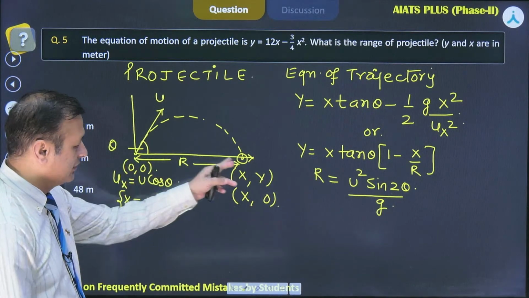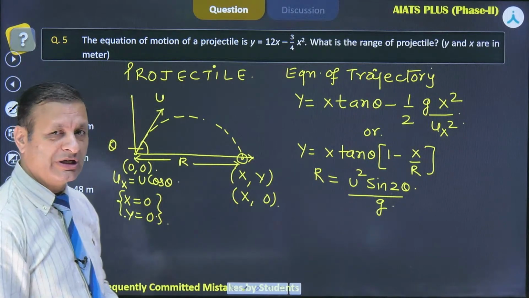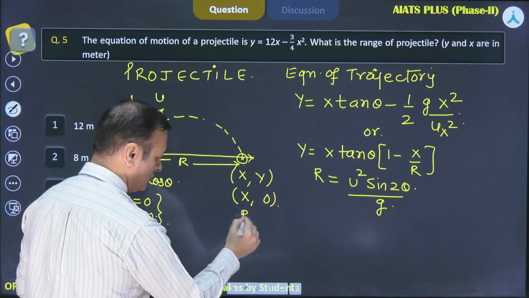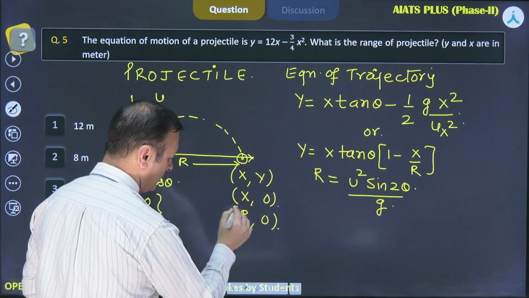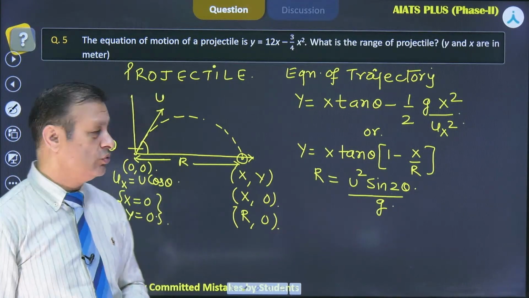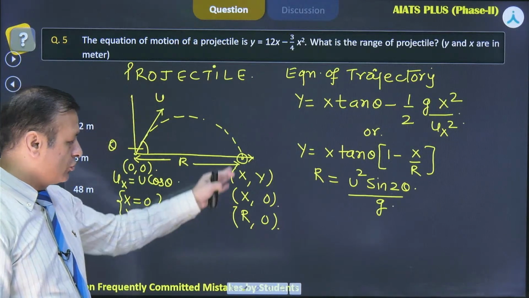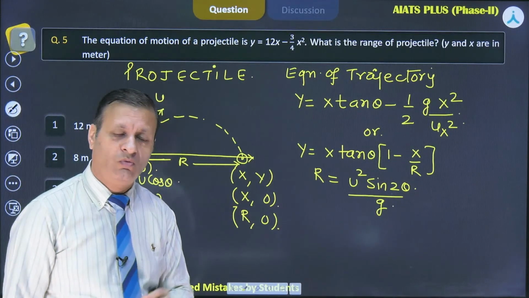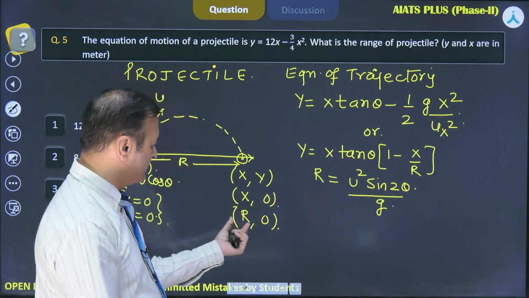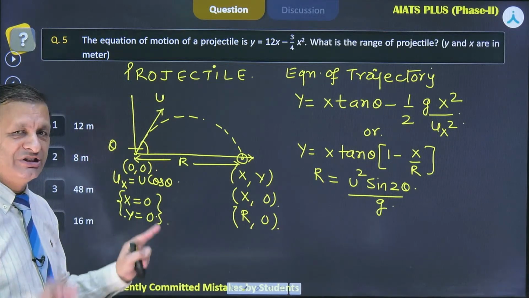And the x coordinate is the horizontal distance travelled by the particle, which we have already labeled as its range. So the coordinates for that point are x equal to range and y equal to 0.